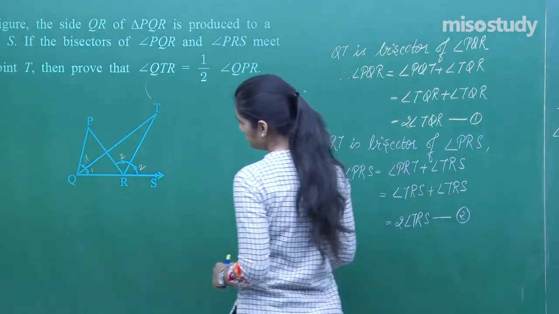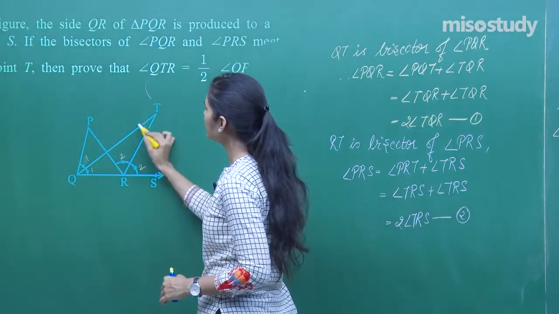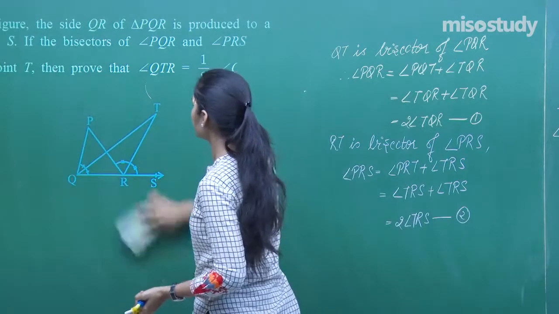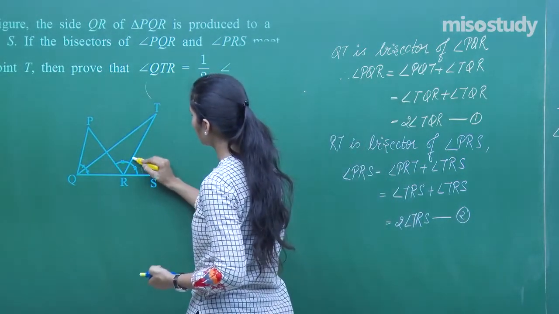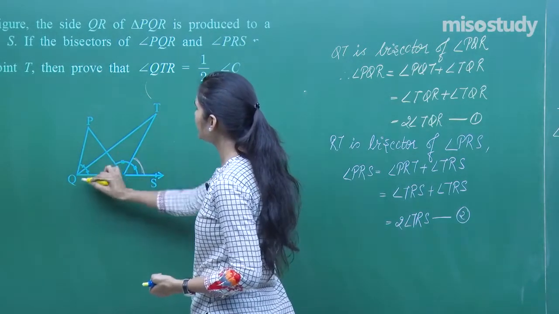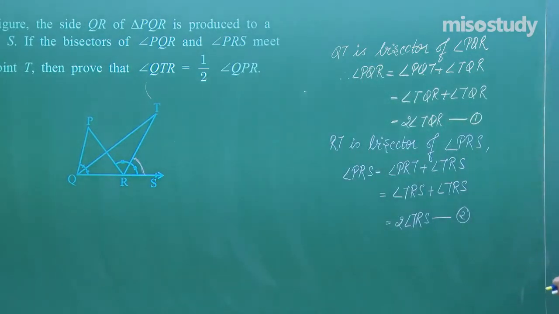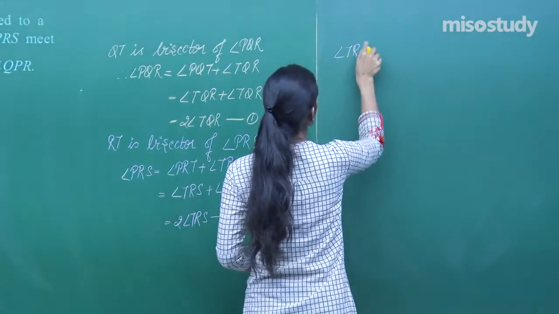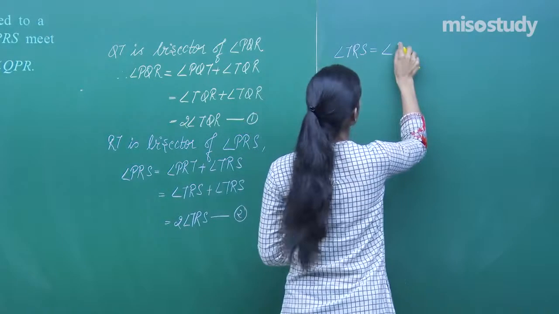Now please see, this angle is equal to sum of opposite interior angles. Because I know exterior angle is equal to sum of opposite interior angles, focus upon this angle. This angle is exterior angle at point R of triangle TQR. So by exterior angle axiom, angle TRS is equal to angle QTR plus TQR.